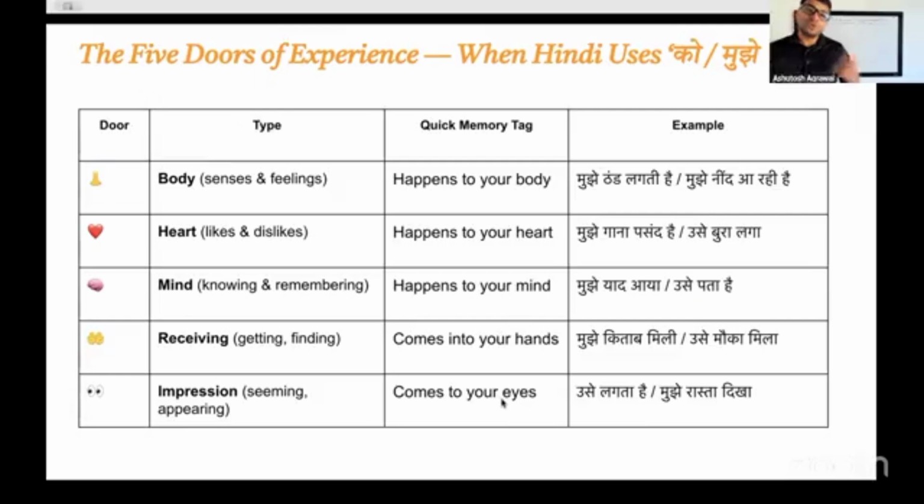So you will use the pronoun followed by ko. In the previous two classes, we covered completely the first two categories, and we did half of the third category. Today, we'll try to wrap up this entire topic.